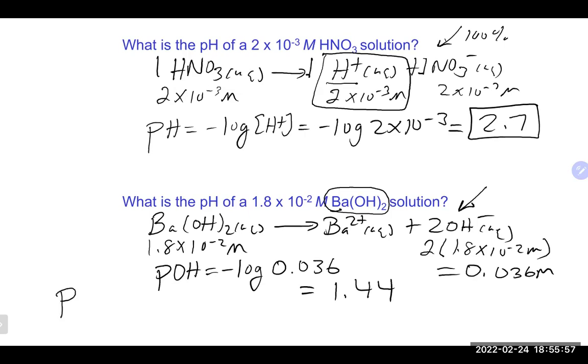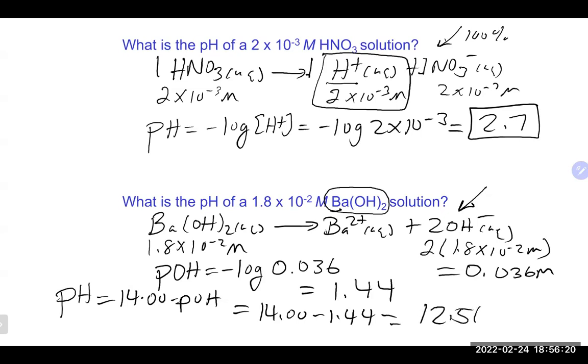So you take the pH equal to 14 minus the pOH, which is 14 minus 1.44, and that gets you, let's try that again, 12.56, which should make sense because that is a basic pH, and what the correct one should be.